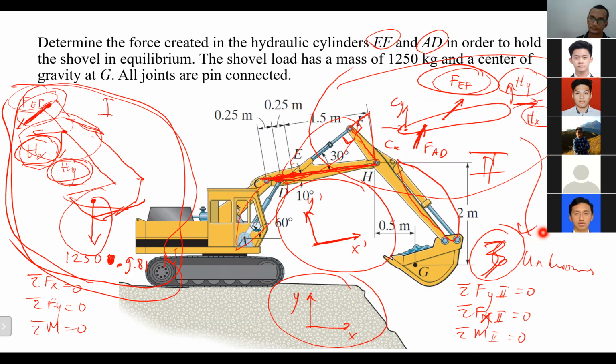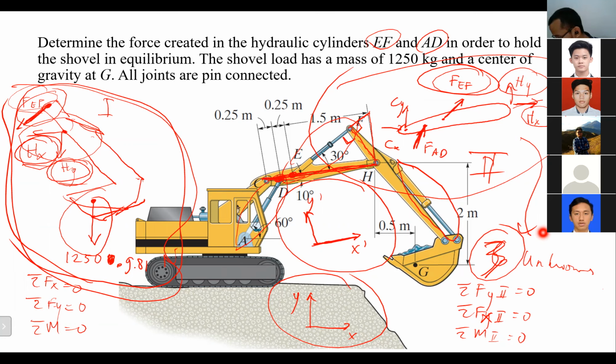If we think about it, it doesn't have to be 90, sir. EFH should not have to be 90. It can be not 90. All that matters is the distance of EF from, let's call it, a new point F accent.